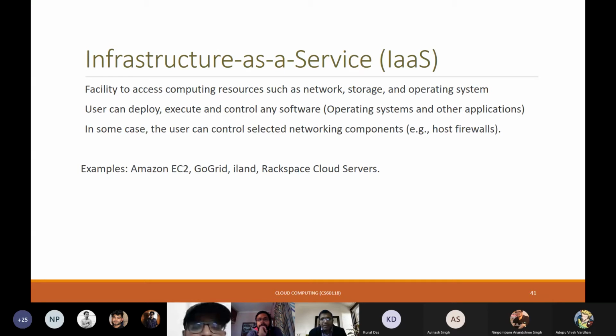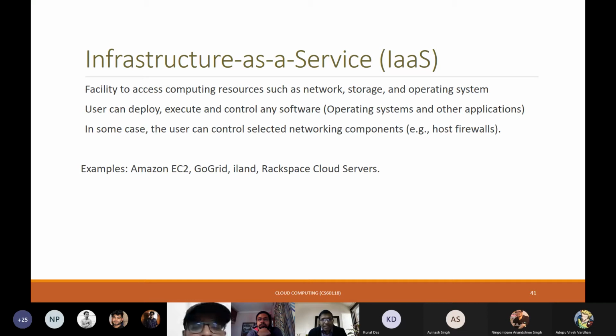So later on, if you are interested and curious what network as a service does, I urge you to please have a look. Using network as a service, you can basically take control of some of these different networking components, such as host firewalls, etc., and you can control them, right? Even the switches, etc., those things can also be controlled.